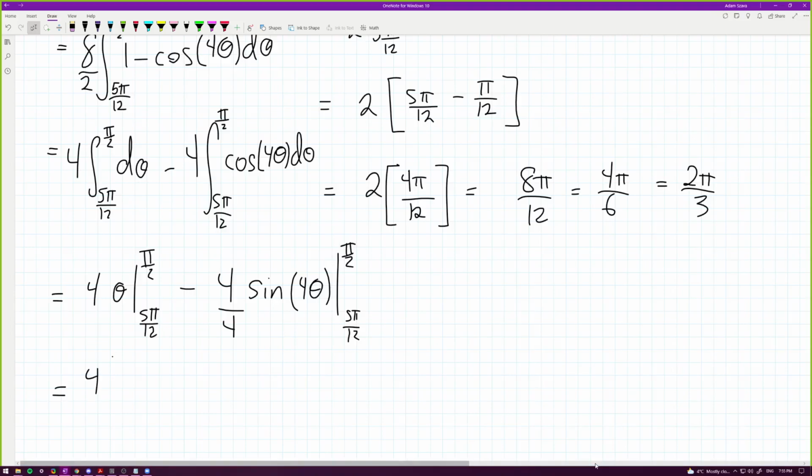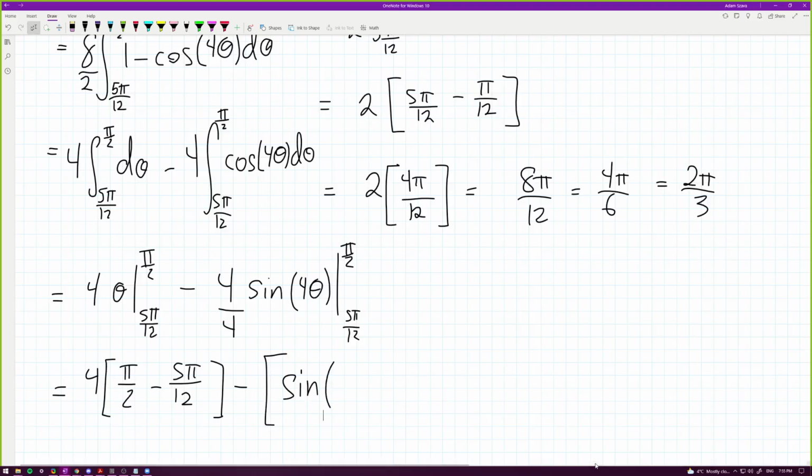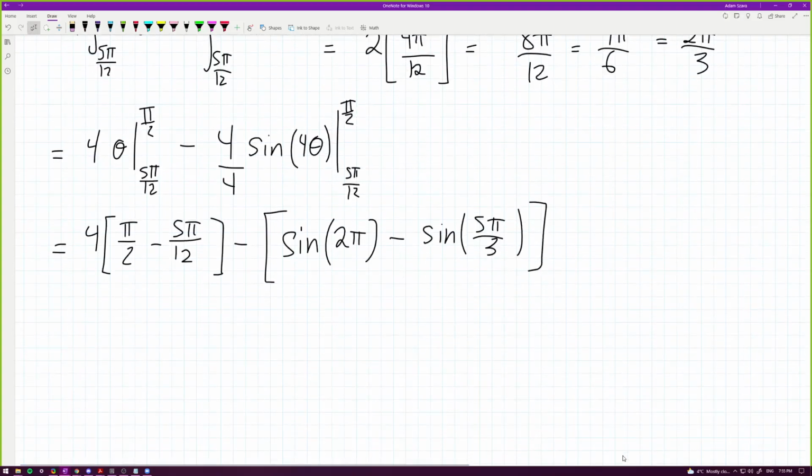Okay, and so we get 4 times pi over 2 minus 5 pi over 12, minus 1, so minus sine 4 times those, so it's going to be sine 2 pi minus sine of 5 pi over 3. So this is going to be 6 pi over 12, and 5 pi over 12, so 1 pi over 12.